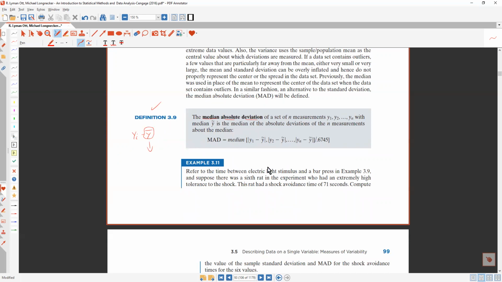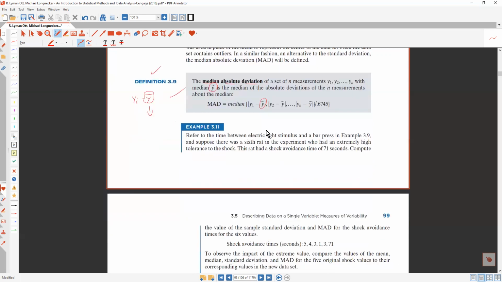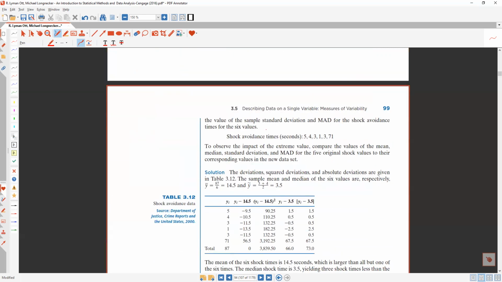Sometimes it makes more sense to take deviations from the median value. And this is the median of the absolute deviations of the n measurements about the median. So you can look at that a little bit. It's not of high importance, but you should understand that sometimes we like to take deviations from median values as well. And there's an example of taking deviations from the median that you can look through.